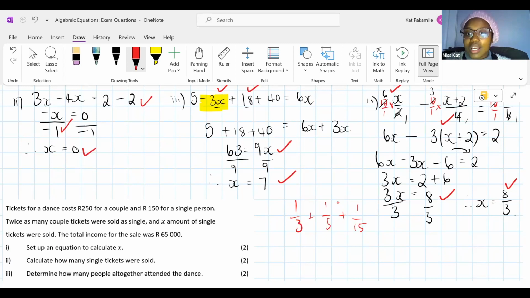Okay, let's check with the other ones. Can 5 go into 15? Yes, 3 times. Can 3 go into 15? Yes, it can. So our lowest common denominator is 15. It's like looking for lowest common factor. No, highest common factor. What? Multiple. Lowest common multiple, not factors.